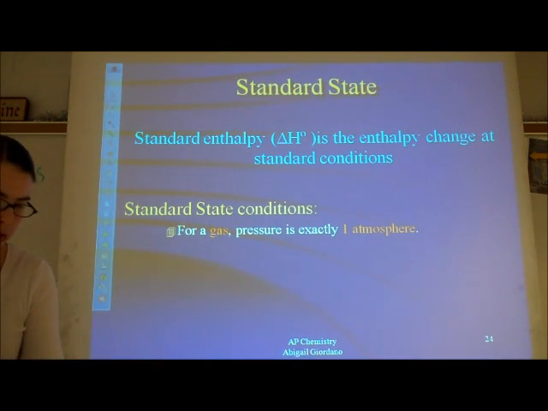Now, I want you to notice in this chart that next to every element or compound, you are given the state of matter. Solid, liquid, gas, aqueous. Anything that is a gas, you can assume that these numbers were measured when those gases were at a pressure of 1 atmosphere.